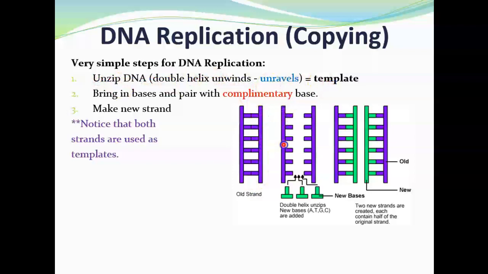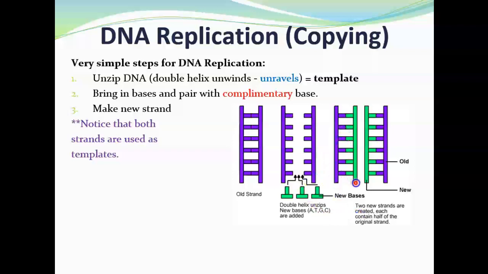And then each of those two sides of the zipper are going to be a template. And you know, a template is what you use to make a copy that stays the same. The new nitrogenous bases, the new bases, A, T, C, or G, are going to be brought in and properly matched to the existing template strands.